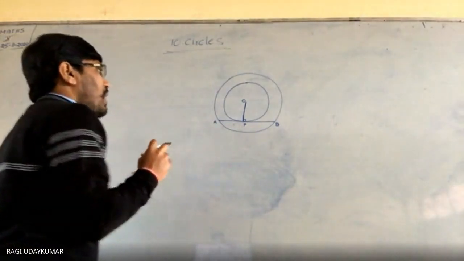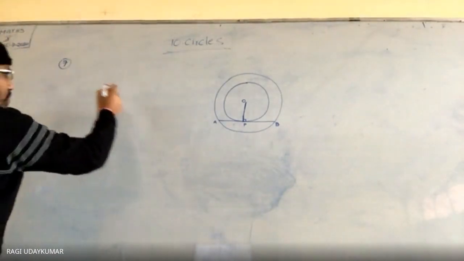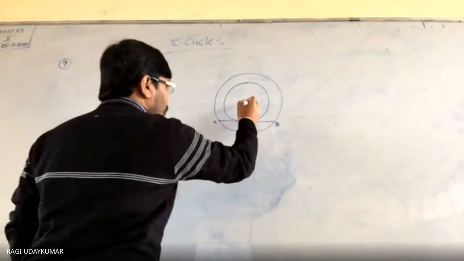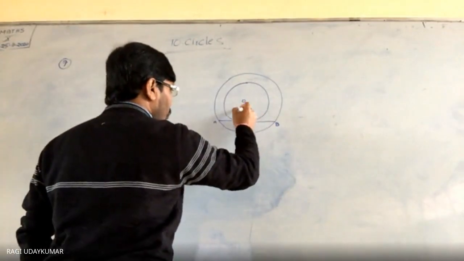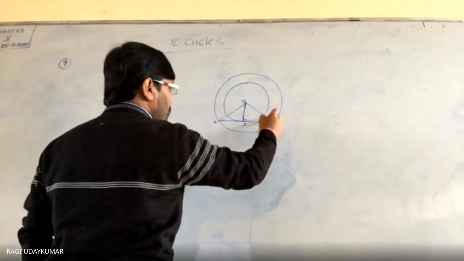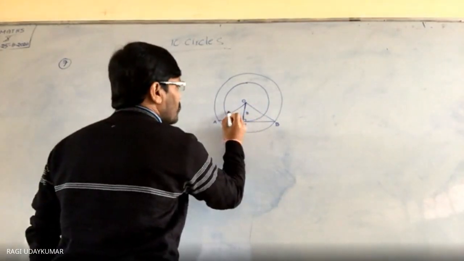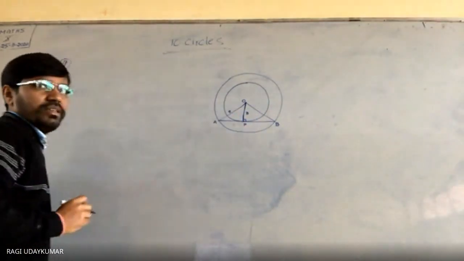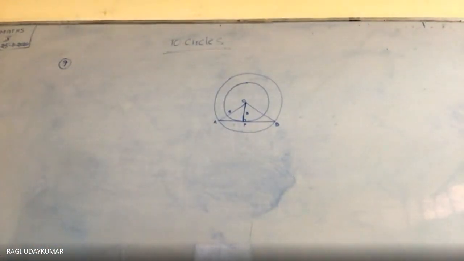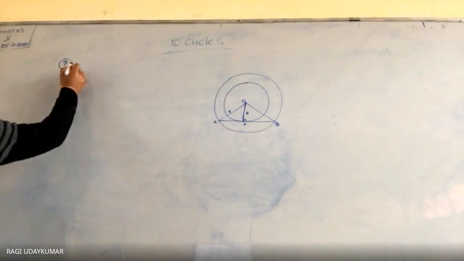Here, if you join O to A and O to B, you know that OP is equal to 3 centimeters and OA is equal to 5 centimeters. I think it is an easy task for you to find out AP. Okay. So here what is given?